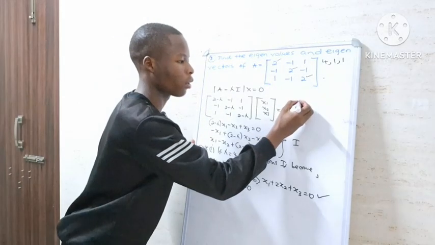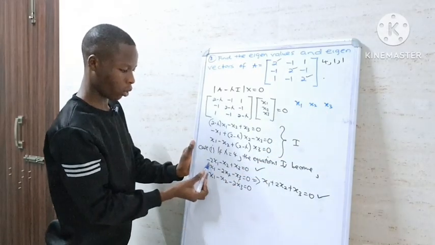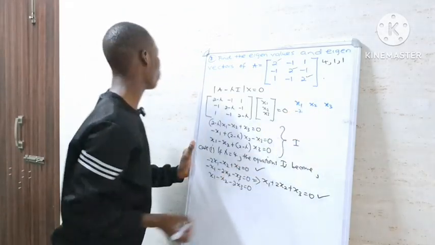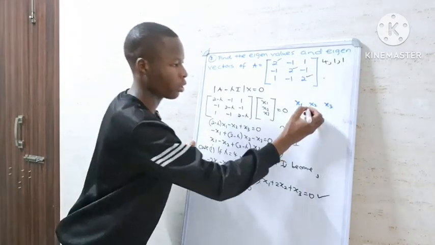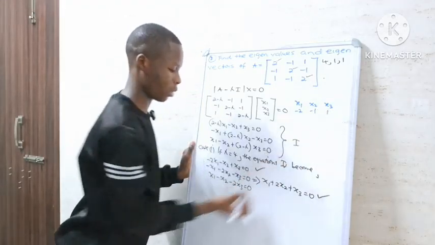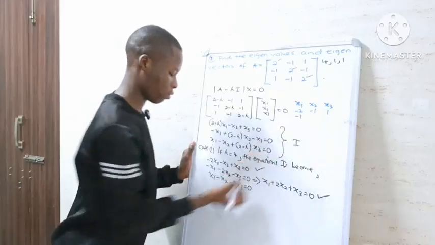Now, x1, x2, and x3. The coefficient of x1 in this equation is negative 2. The coefficient of x2 is negative 1. The coefficient of x3 is 1. The coefficient of x1 is negative 1.